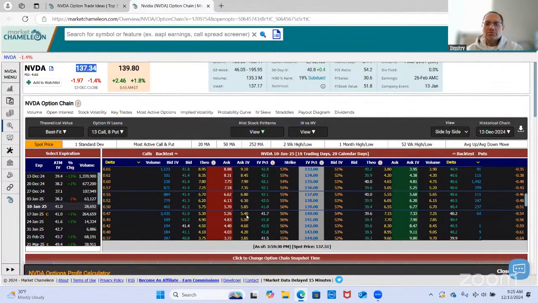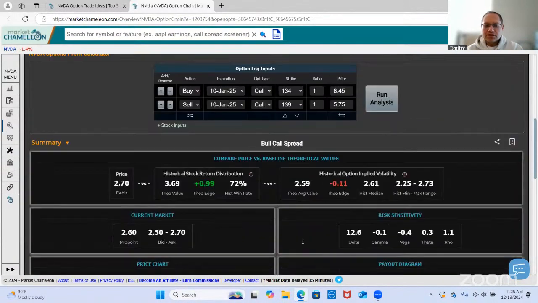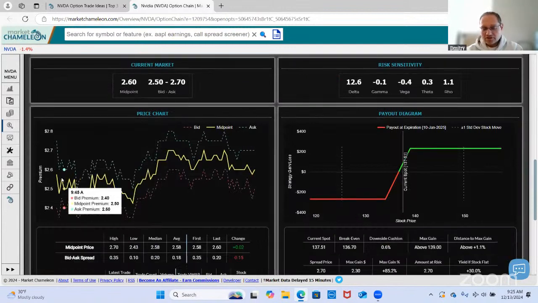So let's come up down here, and this is what the chart has shown us. One is it's looking at the midpoint, like we were talking about, of the spread. That's the yellow line.